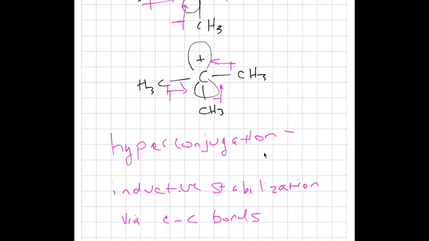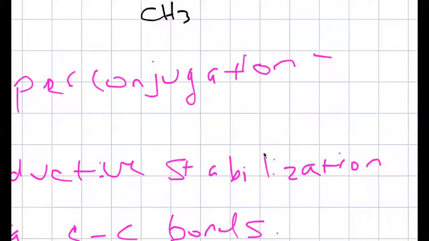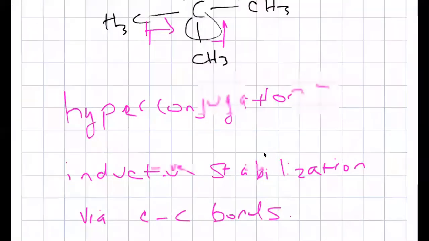That's it. So you got all these carbon-carbon bonds around your charge or your radical, and they're pushing electron density towards that p orbital, and they stabilize that radical or that carbocation through induction. All right. Any questions about that?